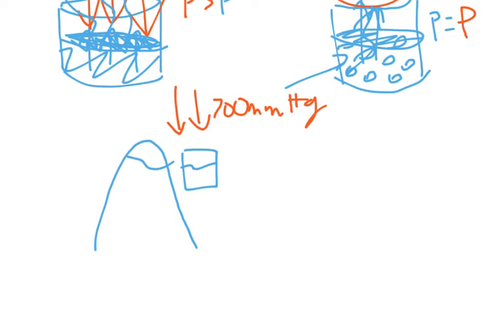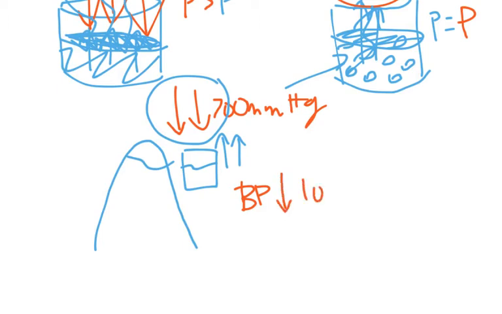Well, since there's less atmospheric pressure to overcome, you don't need as much vapor pressure to overcome it, and because of that, the boiling point up high, such as on the mountains, will actually be lower than the typical 100 degrees Celsius that we see at 1 atm.